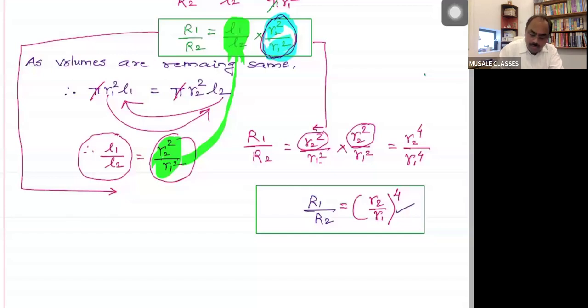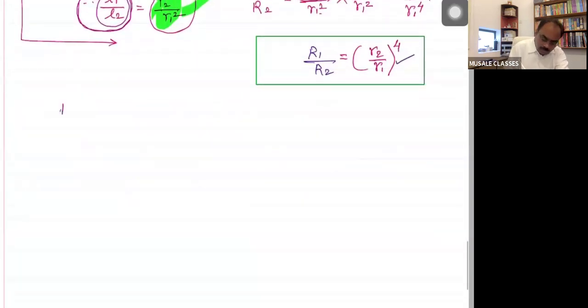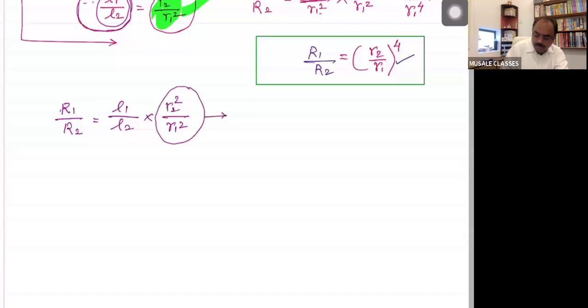I know R2 square upon R1 square. That can also be replaced by L1 by L2. So I am having R1 upon R2, which is L1 upon L2 into R2 square by R1 square. This now I can replace by L1 upon L2.